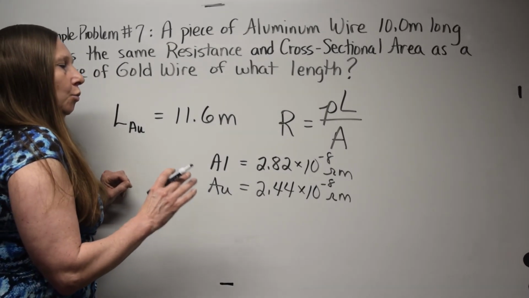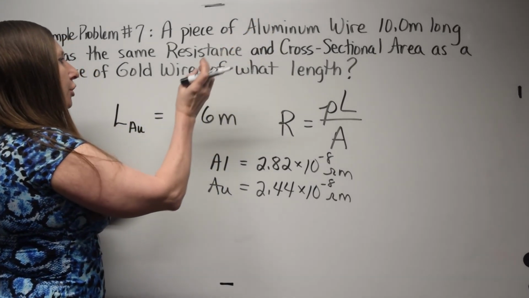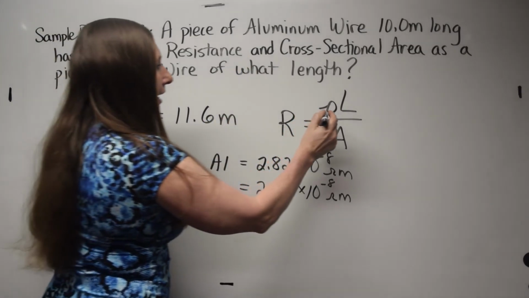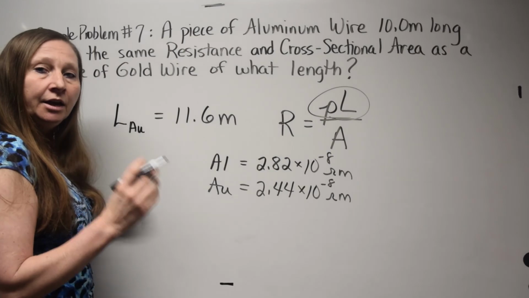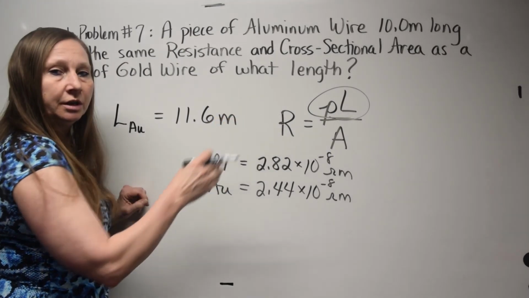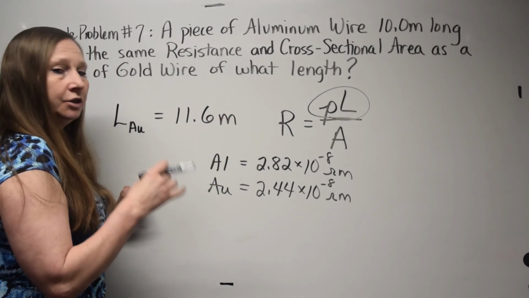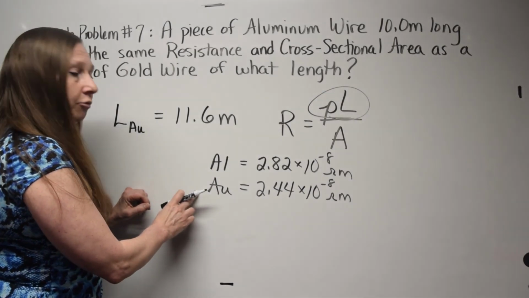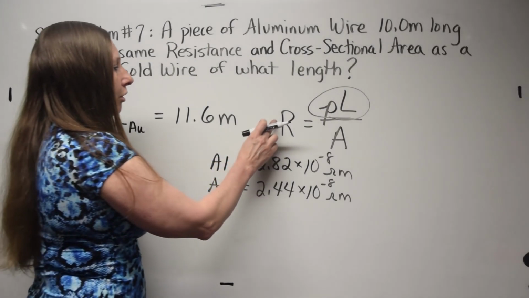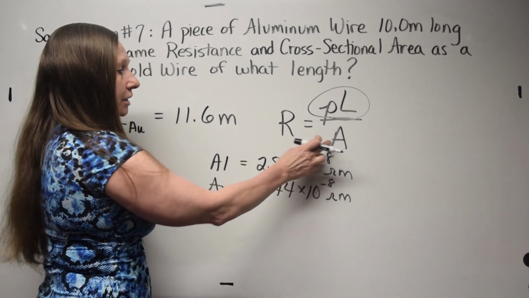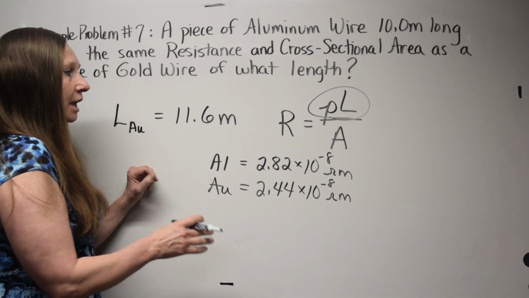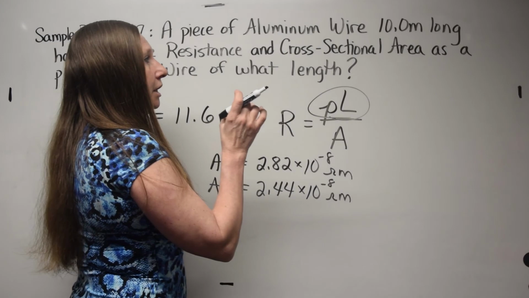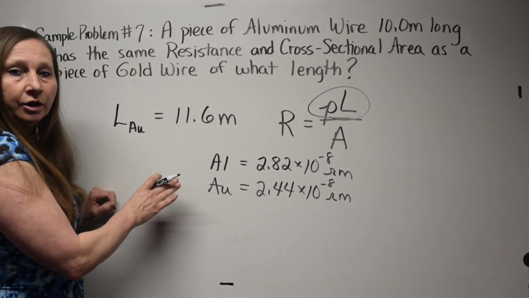So when you change from aluminum wire to gold wire, the resistivity decreases. Now you can see that there is an inverse relationship between resistivity and length. Since there is an inverse relationship, we expect that if the resistivity decreases, then in order for the resistance and the cross-sectional area to stay the same, the length of the wire would have to increase, which it did.